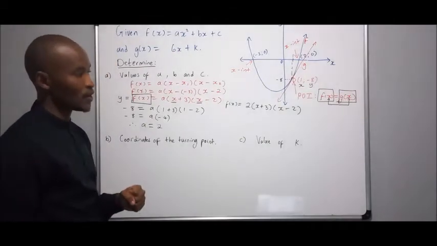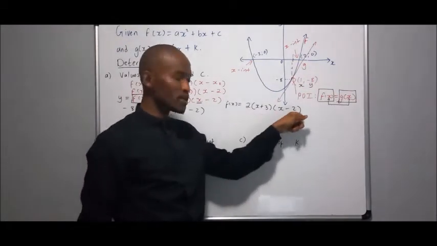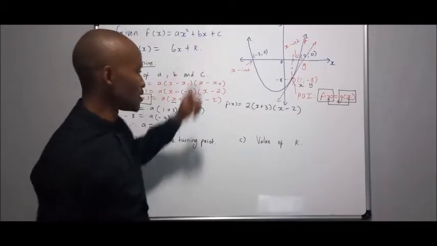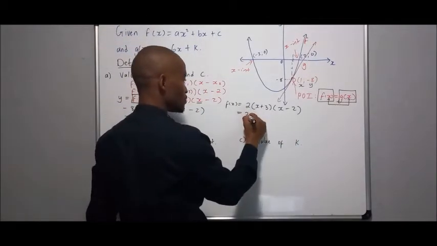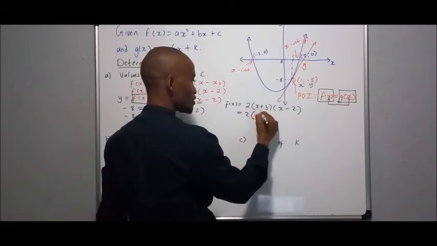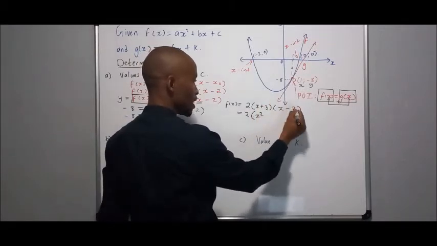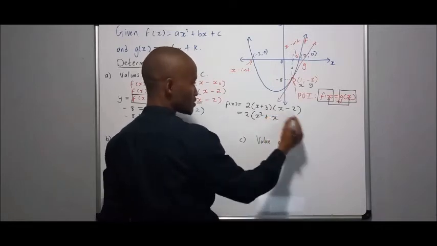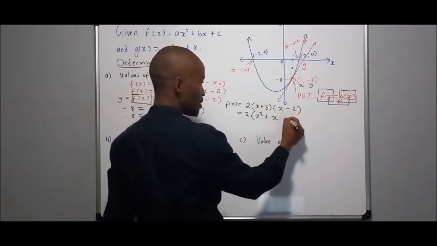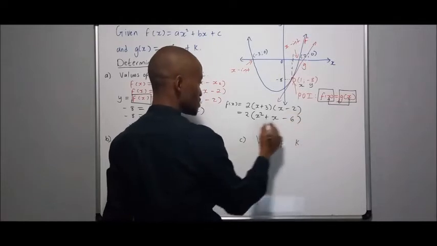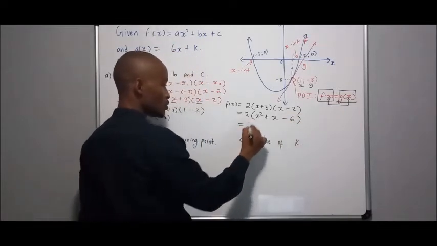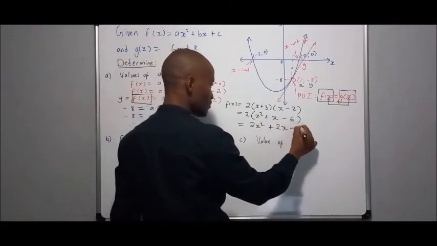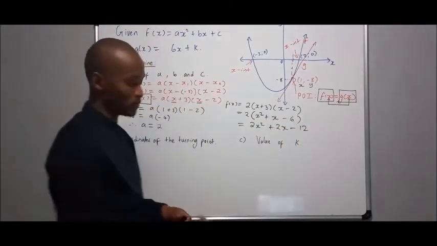If we expand this product, we should easily get the values of b and c. Let's go for it. We have x squared in there, it's minus 2x plus 3x, this will give us x, and then 3 times negative 2 is minus 6. Distribute the 2, you have 2x squared plus 2x minus 12.